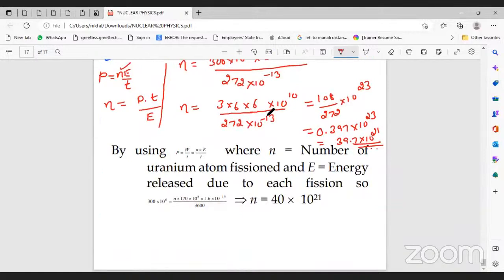So here also we got the same, that is 40 into 10 power 21 atoms. This number of atoms is released in 1 hour. So this is a simple problem where the power is given in the case of the reaction rate.